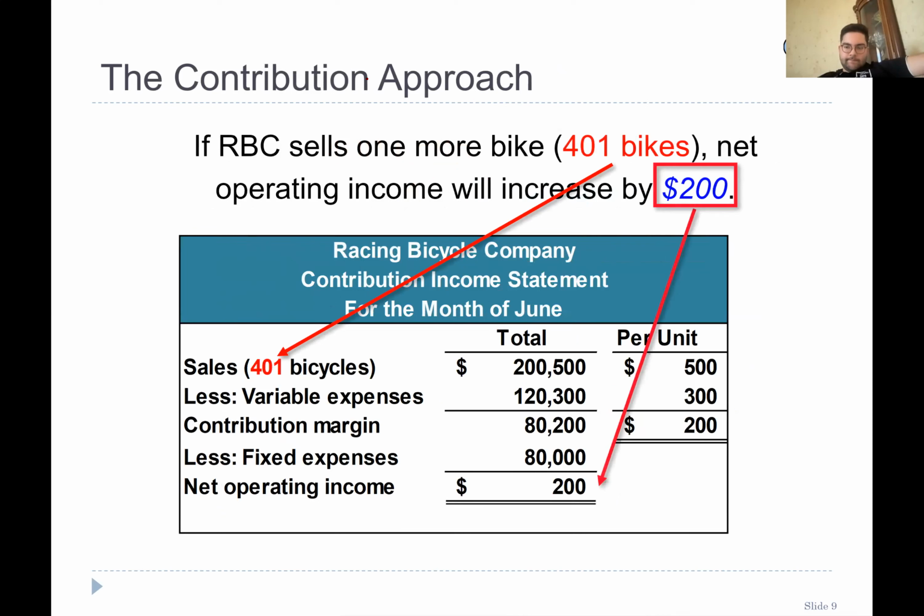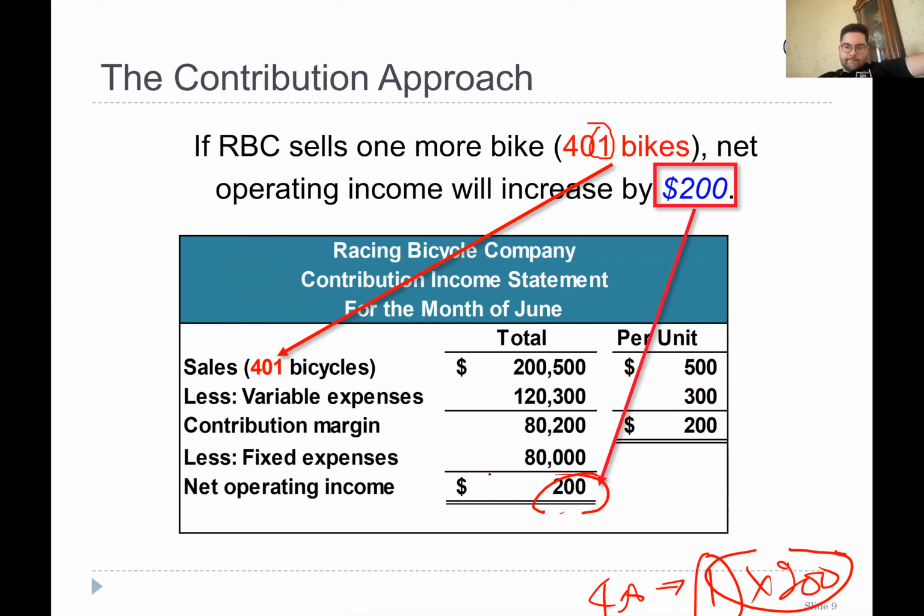What if the company sells one more bike after the break even? So the shortcut is, we have covered the fixed cost on 400 bikes. So above that, we sell one, multiply by the contribution margin. That would be our NOI.